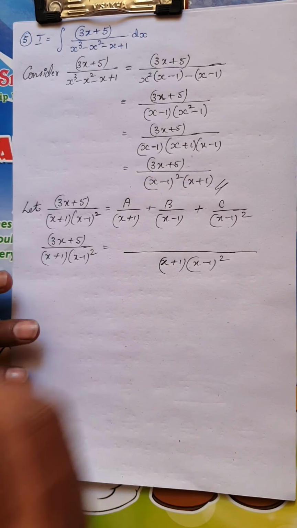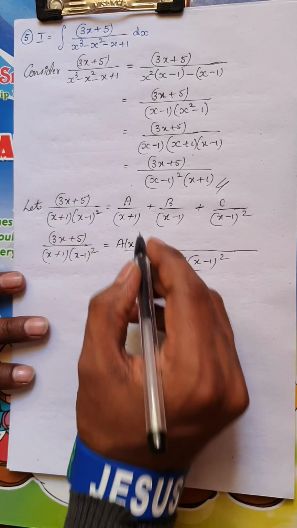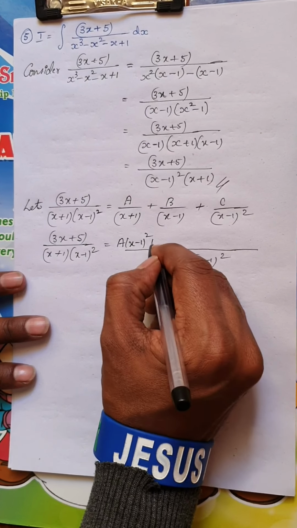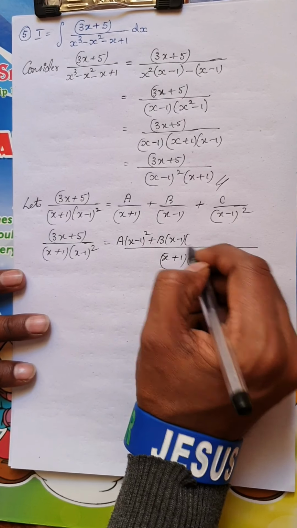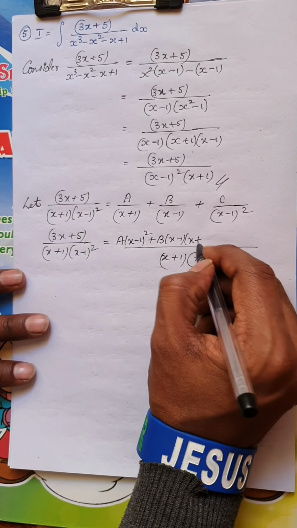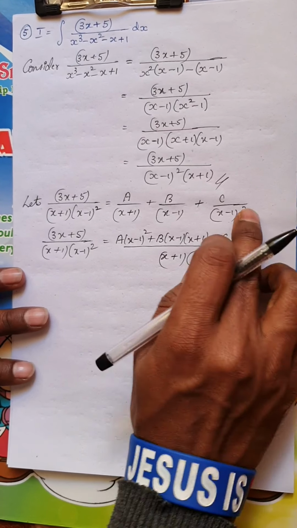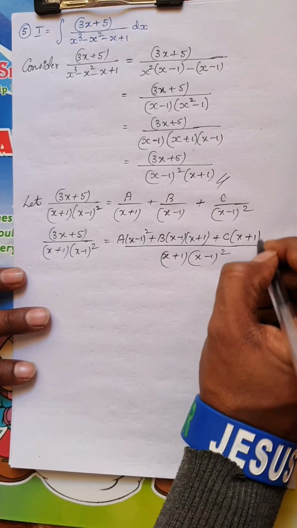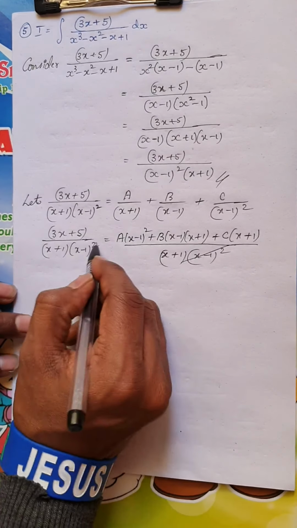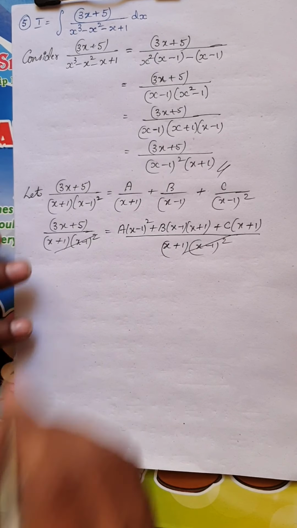Right. Now, for a I already have x plus 1. So, for a I will multiply x minus 1 whole square, plus for b I have one factor of x minus 1, so another factor of x minus 1 plus a factor of x plus 1. Plus for c I have two factors of x minus 1, so leftover factor is x plus 1. So, as in the previous cases, denominators are equal, I am going to cancel it.